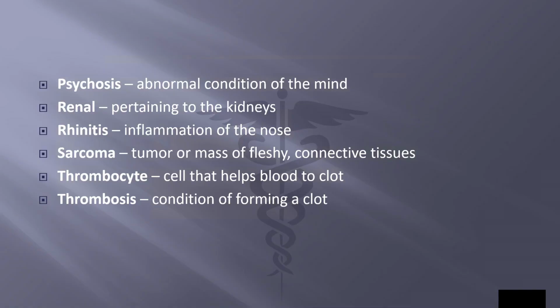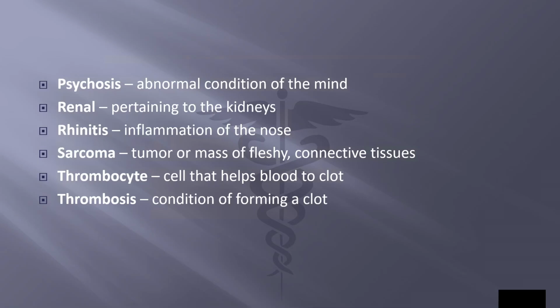Our next medical term, we also have thrombosis. Thrombosis is the condition of forming a clot. So formation of a thrombus or blood clot occurs when thrombocytes, proteins, and other blood cells stick together. Figure 1.13 on the bottom of page 15 shows a thrombus or blood clot.